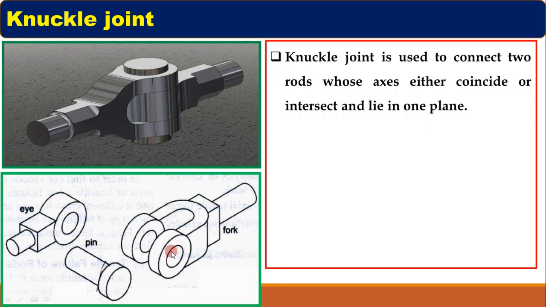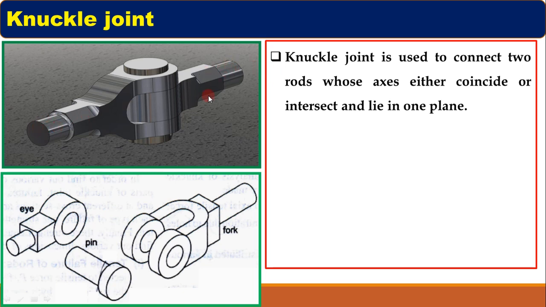So let us see what a knuckle joint is. A knuckle joint is a mechanical element which is used to connect two rods whose axes either coincide or intersect and lie in one plane. You can see here, this is the first rod and this is the second rod.